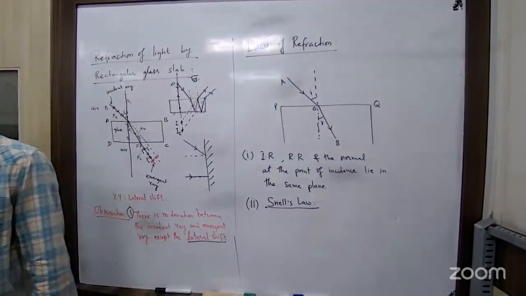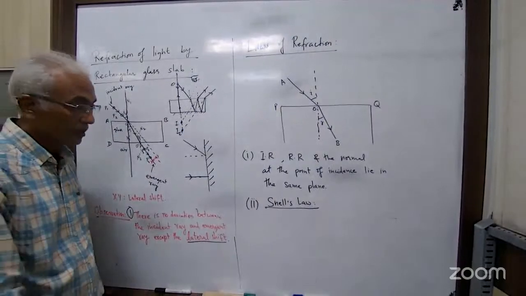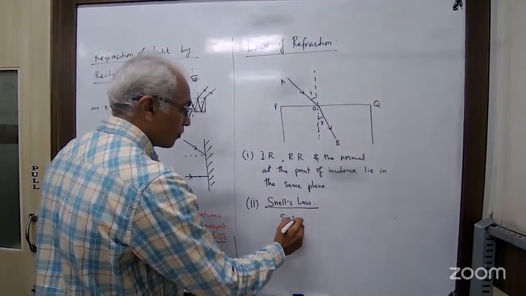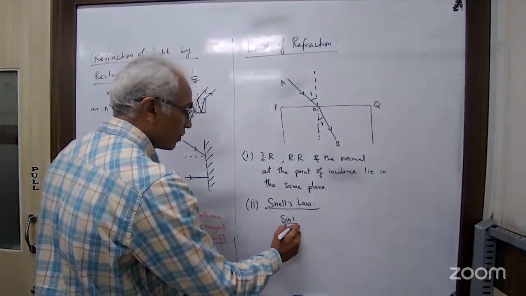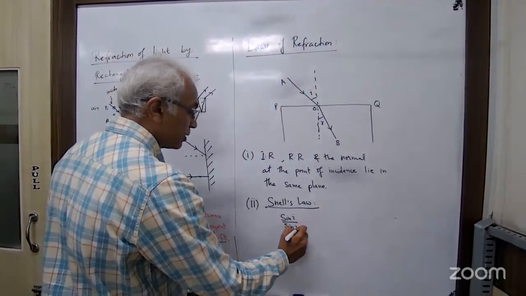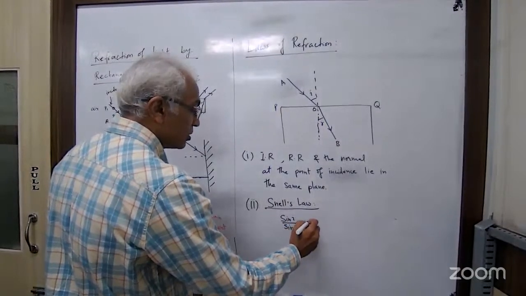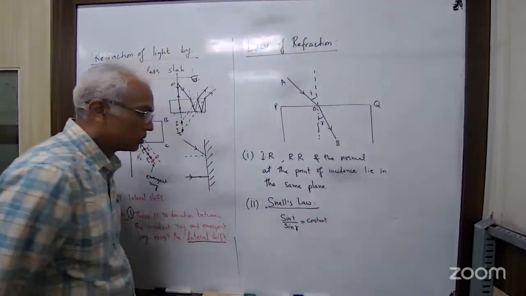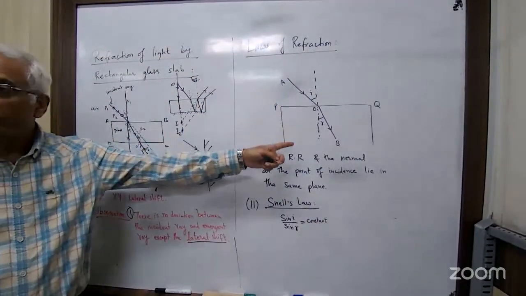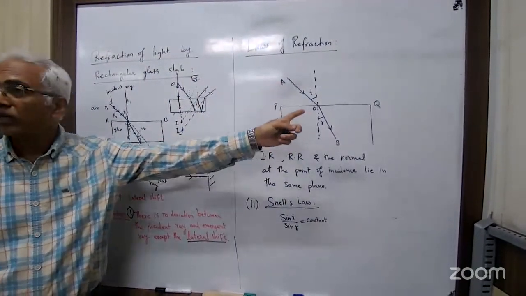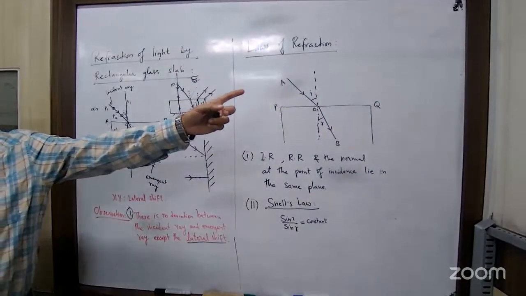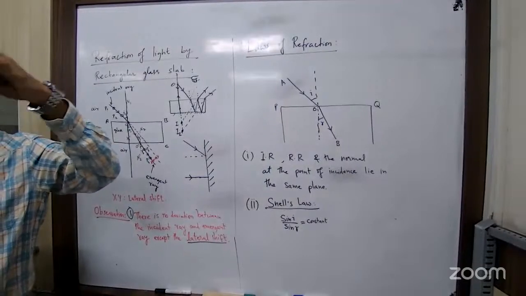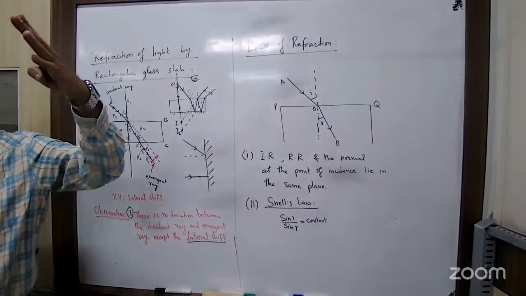The ratio of the sine of the angle of incidence to the sine of the angle of refraction is always a constant for a given pair of media. Correct. Is equal to constant for a given pair of media and a wavelength, meaning color. What does the wavelength signify? The color of light. If the color changes, the wavelength will change.